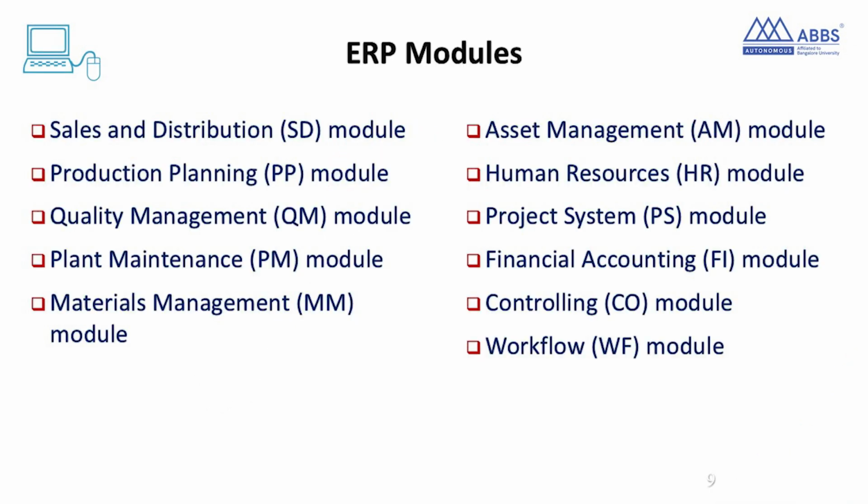In general, when we look at some of the ERP modules, we can list them as sales and distribution module, which is called the S&D module, materials management module, production planning module, quality management module, plant maintenance module, asset management module, human resources module, project systems module, financial accounting module, controlling module, workflow module, and in general these are also called the FICO module. In finance they call it finance and control, as the FICO module.